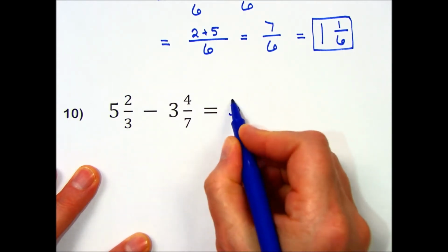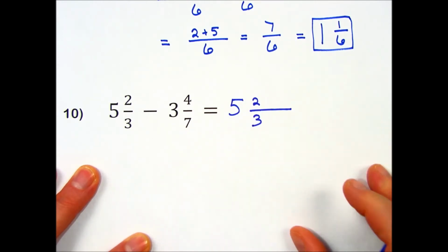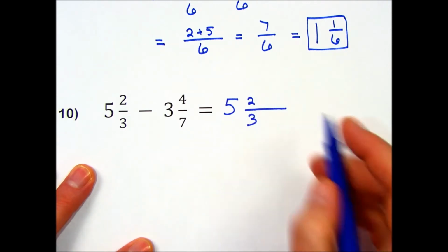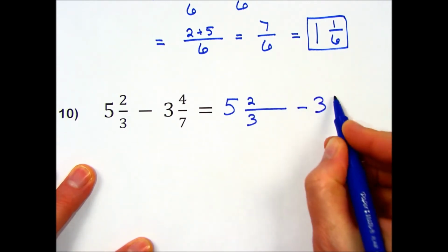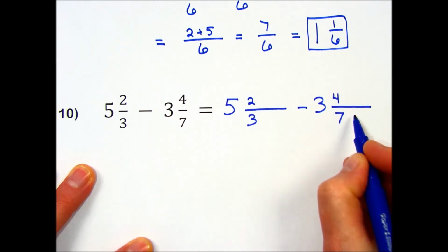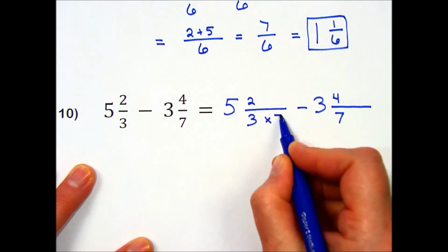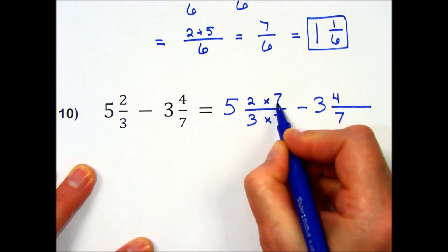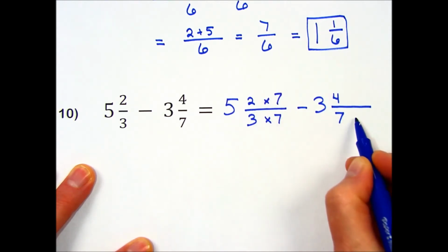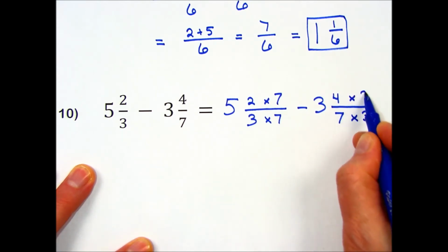I have 5 and 2/3, giving myself some extra space, minus 3 and 4/7, giving myself extra space. I'll use the 7 on this fraction. 3 times 7, same thing in the numerator, and the 3 over in this fraction. 7 times 3, same thing in the numerator.